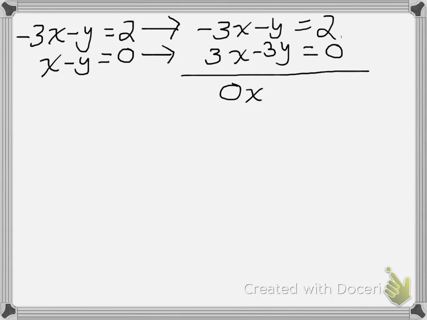Negative y plus negative 3y is negative 4y. 2 plus 0 is 2, and that eliminates x, and I'm just solving now for one variable. So that's good news. That's the way we want to do this.